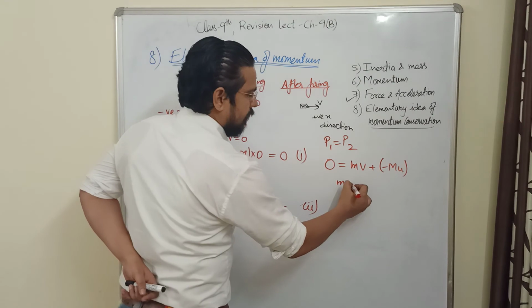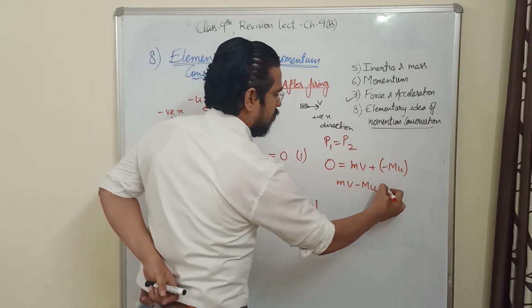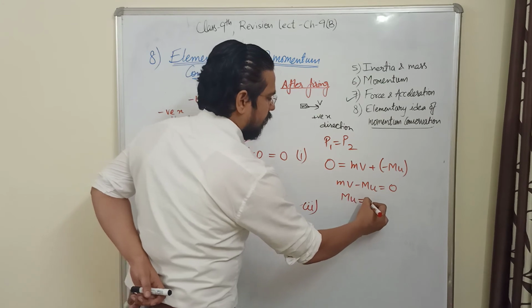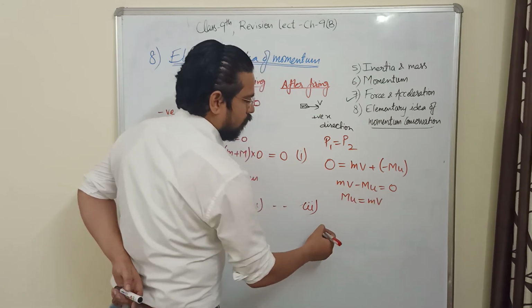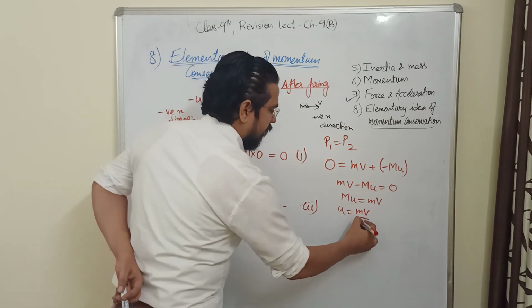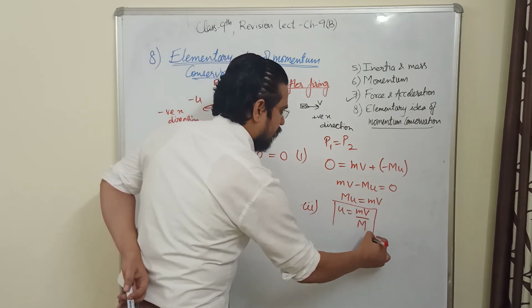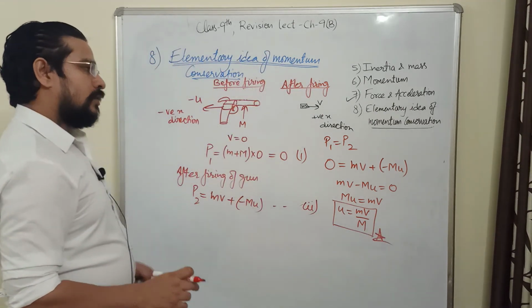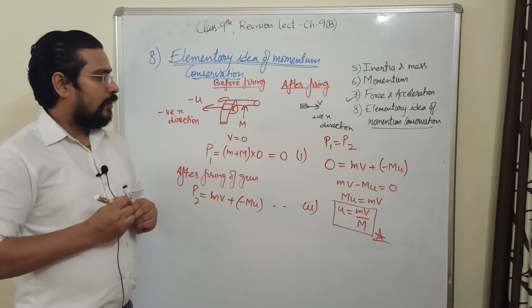Or in other words, mv minus Mu is equal to 0, or by taking Mu on the other side, Mu is equal to mv, or u is equal to small m into v divided by capital M. This is your very famous relation for calculating the recoil velocity of a gun. Go through this.